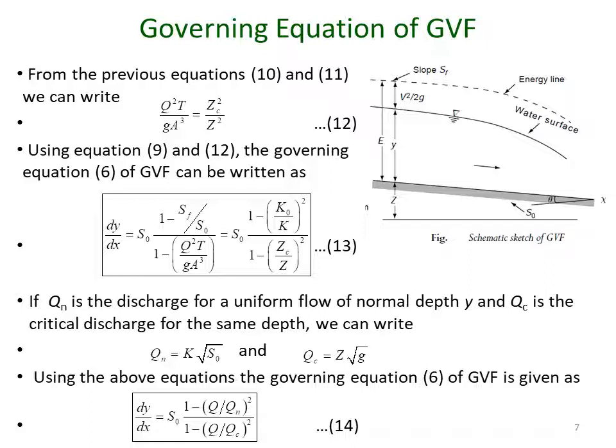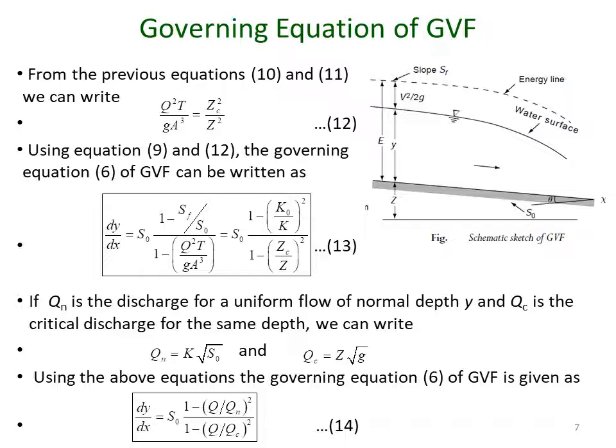So from the previous equations 10 and 11, we can write equation number 12, which gives Q squared T by g A cubed equals Zc squared by Z squared. Substituting these values in the governing differential equation of gradually varied flow, we can write equation number 13 as dy by dx equals S naught times 1 minus K naught by K whole squared, divided by 1 minus Zc by Z whole squared, which is given by equation number 13 in this slide.